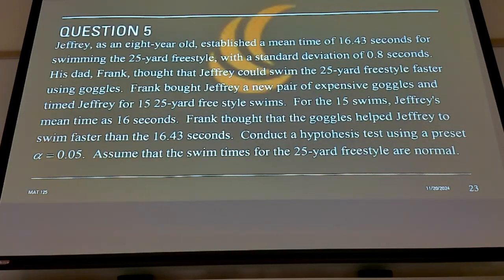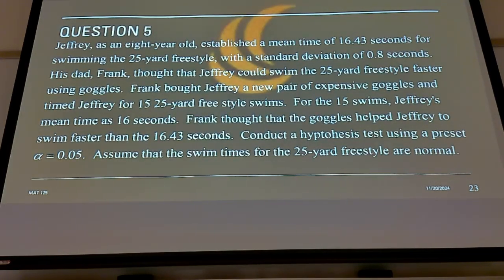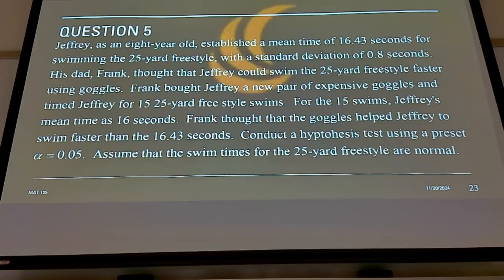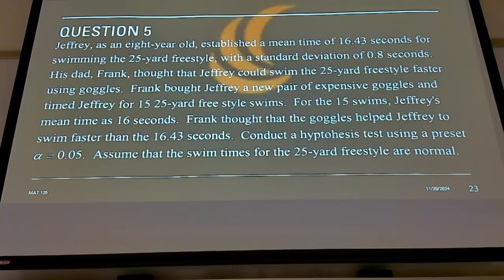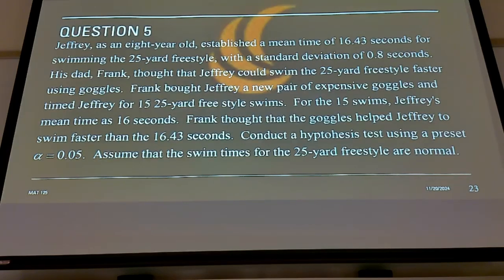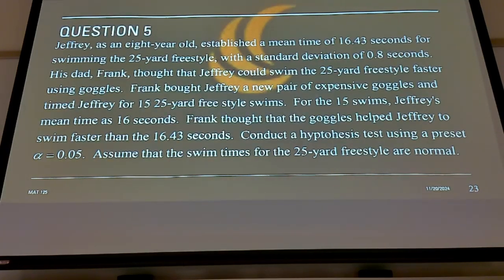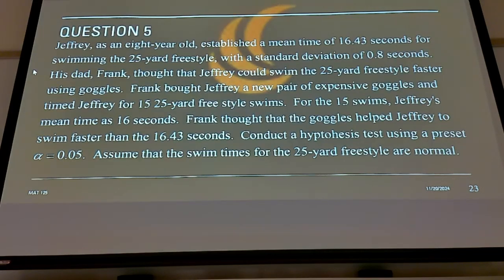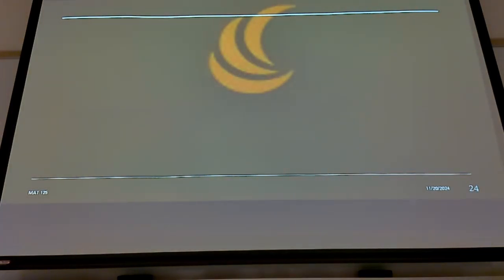Do we know the population standard deviation? We do happen to know in this case, 0.8. So this is going to be a z-test, not a t-test.